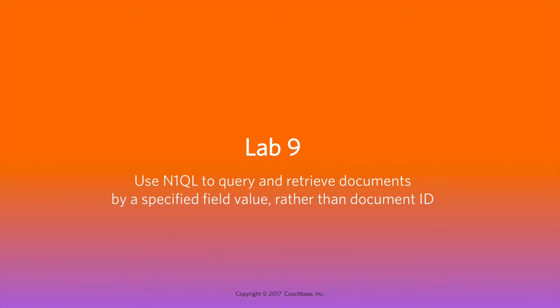In the lab for this lesson, you're going to use NQL to query and retrieve documents by a specified field value rather than by document ID. You'll also be challenged to go back and rewrite the route code for the prior lessons to use NQL instead of direct SDK methods.